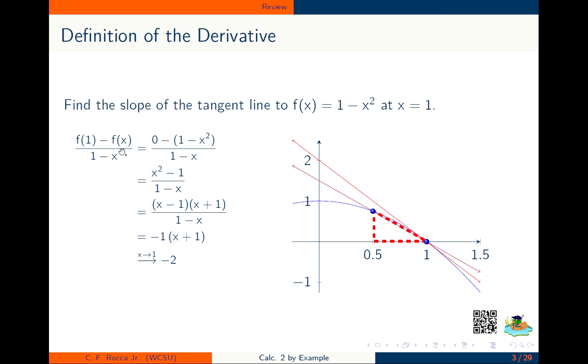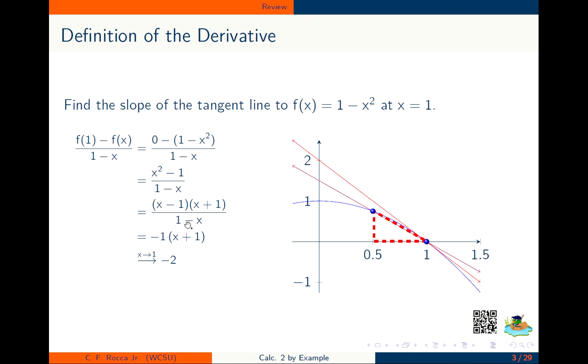and that limit of those refined approximations gives us our actual value. So here I have f of 1 minus f of x over 1 minus x. There's my difference quotient, but now instead of plugging in a specific value, I just put in x. That gives me an expression which simplifies to x squared minus 1 over 1 minus x. X squared minus 1 is a difference of 2 squares, so we can factor it into x minus 1 times x plus 1.